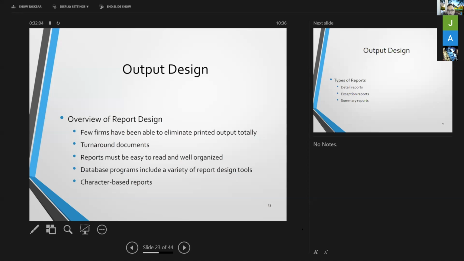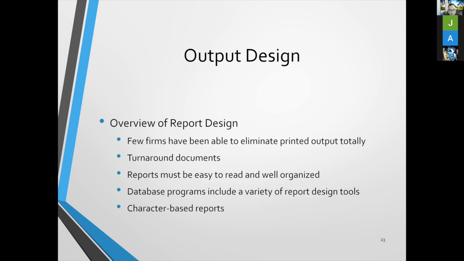Some documents need to have the pre-printed form first, and then you put the data onto that pre-printed form. With character based reports, if you have to print for other people, you may just need the pre-printed form first.